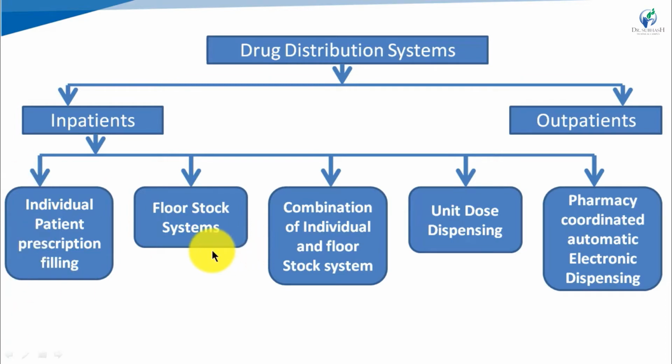Then the floor stock system: for inpatient there is a floor stock, on every floor there will be a nursing station and we will distribute the product there. Then the combination of individual and floor stock system, then unit dose dispensing and pharmacy coordinated automatic electronic dispensing. This is how we can divide the inpatient system into different parts.